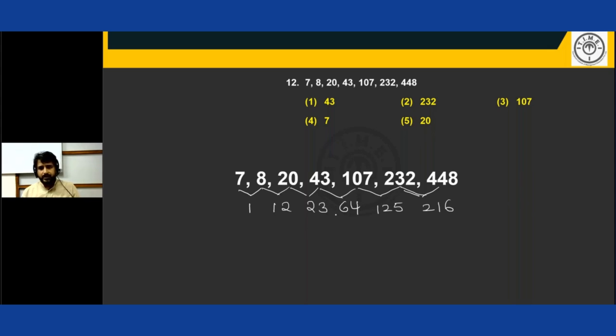Are you able to recognize these numbers? 64, 125, 216. Yes, perfect cubes. 64 is 4 cubed, 125 is 5 cubed, 216 is 6 cubed, and 1 is 1 cubed. What are the missing cubes? Two numbers are missing before 4, 5, 6.